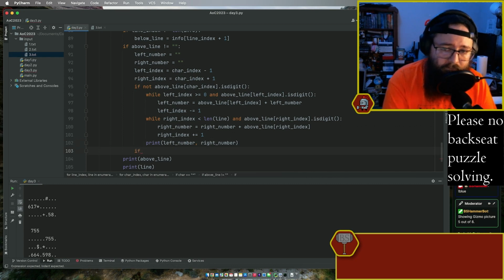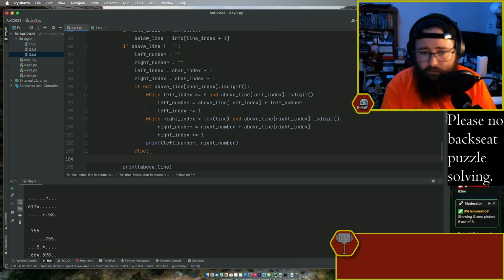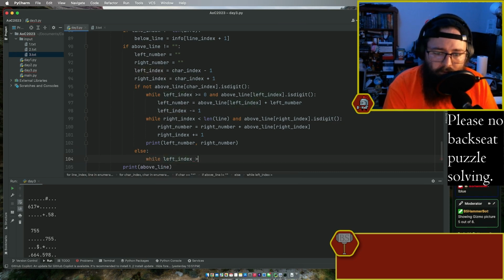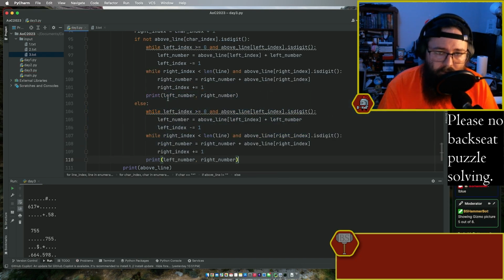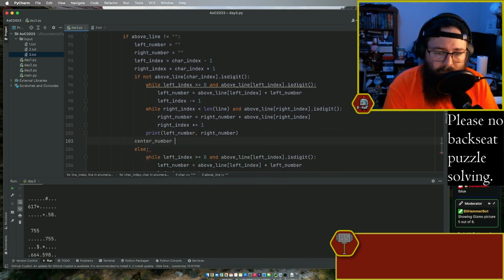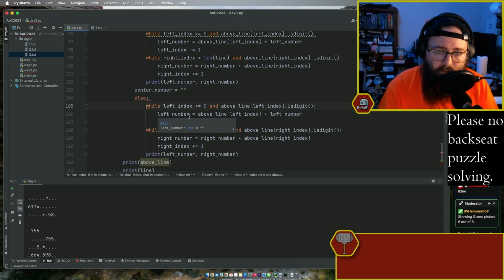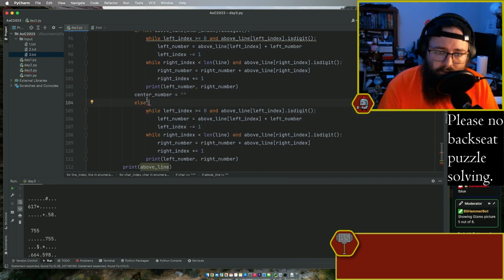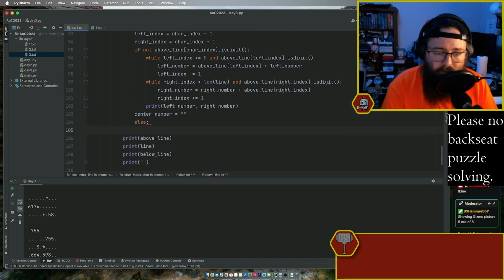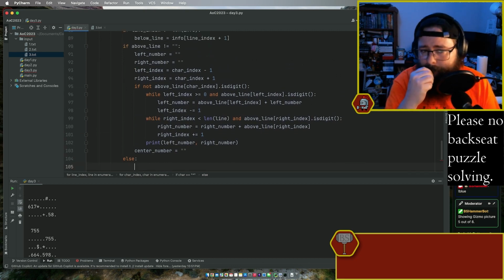If the thing above it is a digit, then we need to look left and right. Else, yeah.